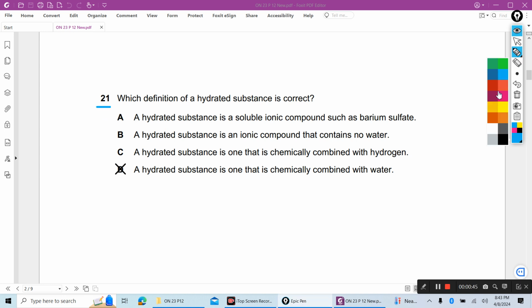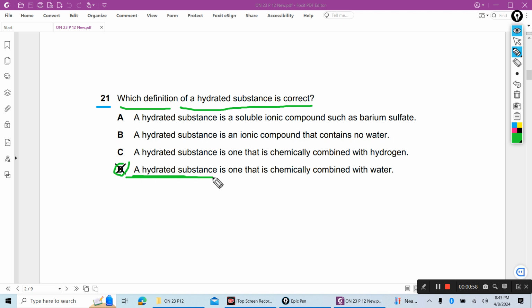Number 21. Which definition of a hydrated substance is correct? Answer D. A hydrated substance is one that is chemically combined with water.